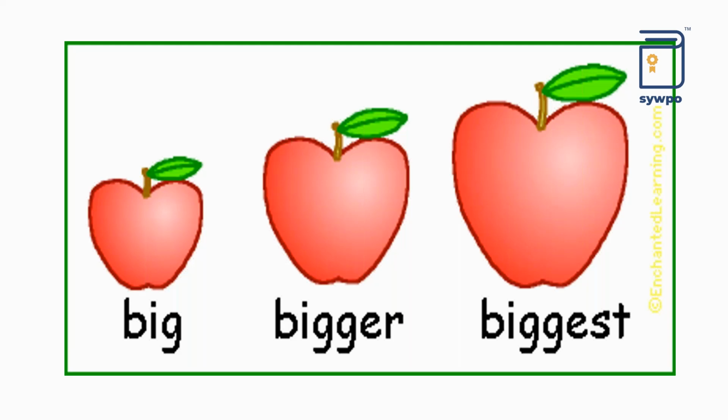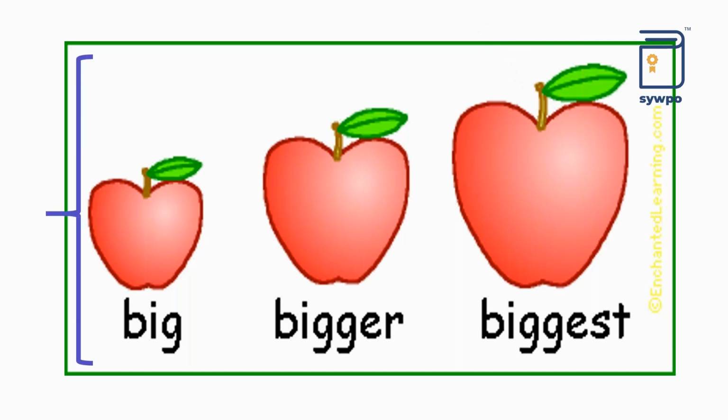So you see 3 different sizes, and I'm showing the difference between them in size by showing you the adjectives big, bigger, and biggest. Why is that happening? Now, the first one is big, second one is bigger. That's because I'm comparing 2 items. And if you see the third one, I'm comparing with all the others, that is the biggest. That's the highest degree of comparison between all these items. That's why it is the biggest.